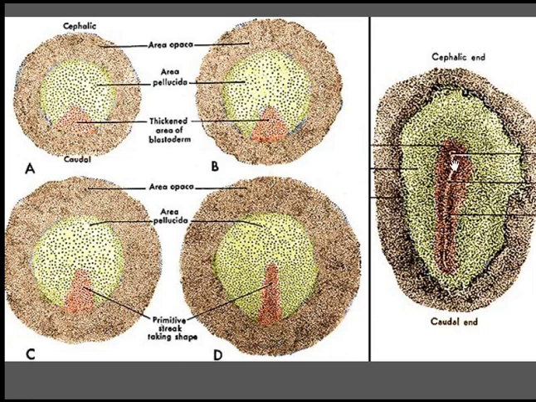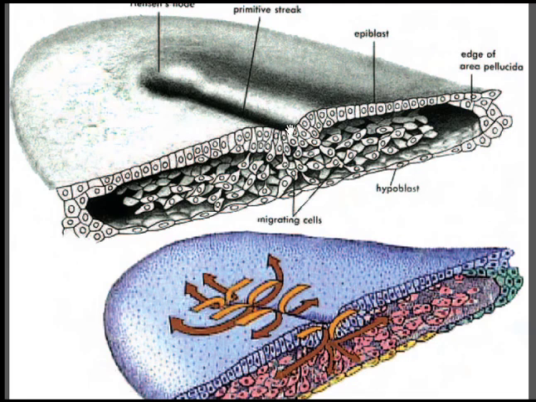That primitive streak progresses, and it develops a groove in the center with elevated proliferated cells forming ridges on either side of the groove. So this is a primitive streak. It has a primitive groove surrounded by primitive edges and a primitive node at the cranial end of it. This is an artist's drawing of a primitive streak cut in cross-section.